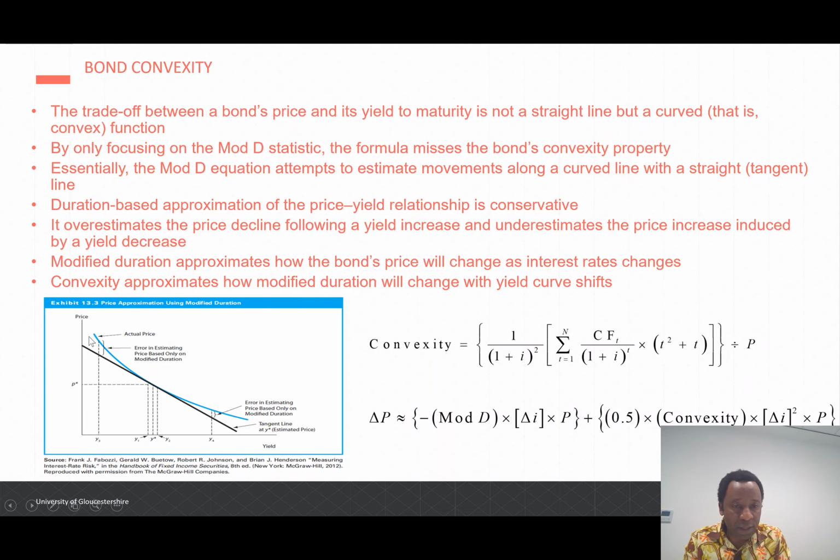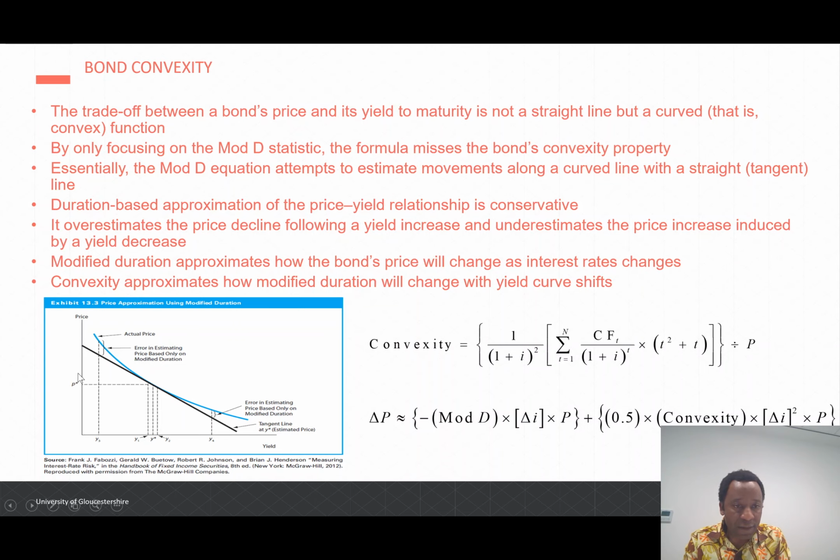Why? Because remember, the price of the bond is the present value of the future cash flows. And because we are discounting using the yield, if the yield is bigger, the price gets smaller. But the most crucial thing that we are thinking about this week is what is the nature of that relationship between the price and the yield?